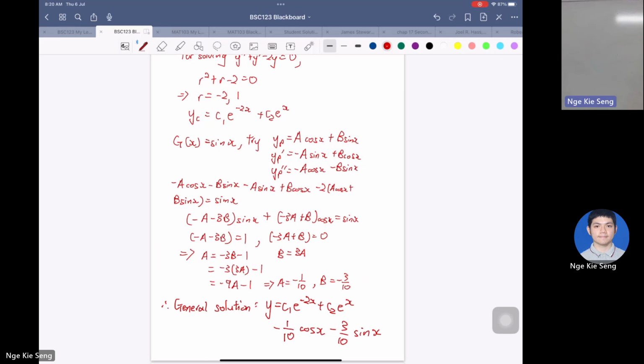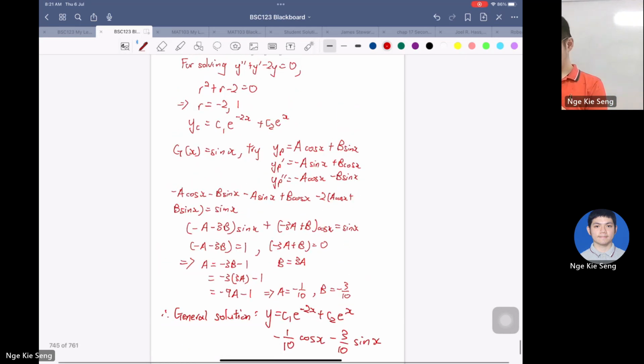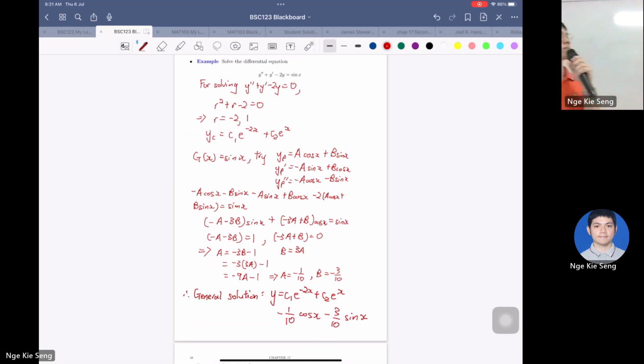A sine, yeah, same. A and B is different. I put C, D also can. Put kangaroo and zebra also can. Seriously, they are just a placeholder.